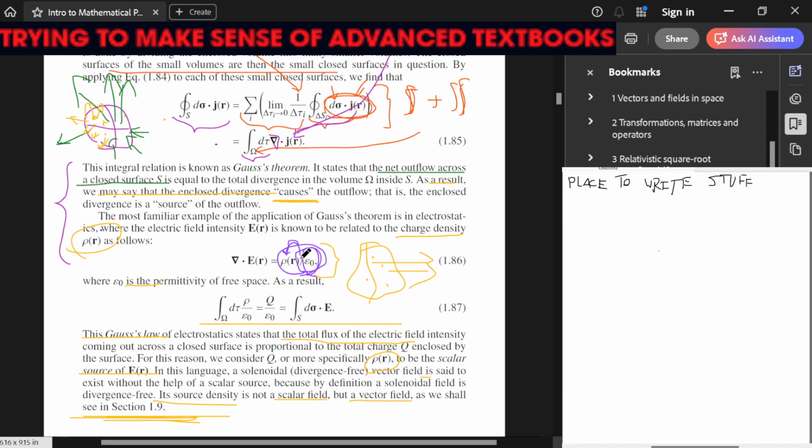Not even the sum of the charge density, just the charge density. Electric field intensity. Now notice the result: the total flux of the electric field coming out of a closed surface is proportional to the total charge enclosed by the surface.